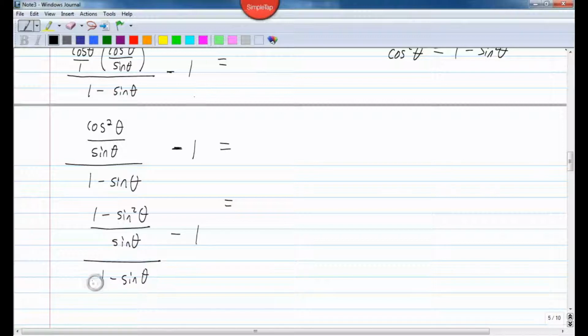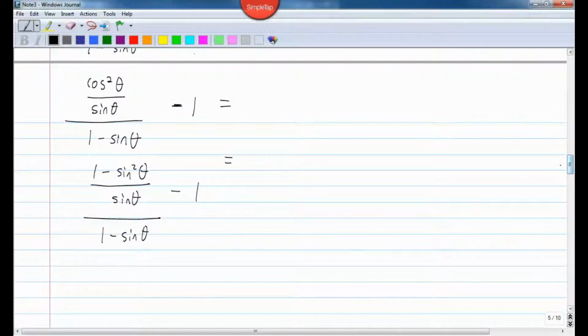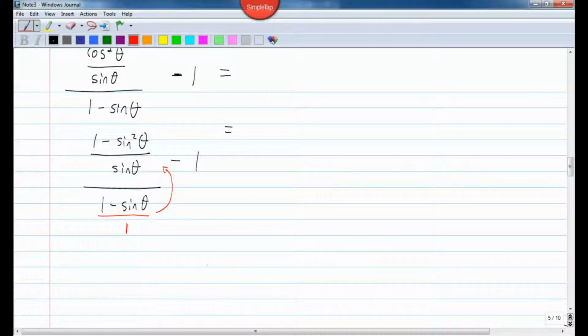So I want to write this all as one fraction really quick. And the way that you do that is you take the denominator of the bottom here and act like it's over 1. And so then you could do what? Flip and multiply. Now if I flip and multiply, this left side is going to become 1 minus sine squared theta over sine theta times 1 minus sine theta, minus 1.